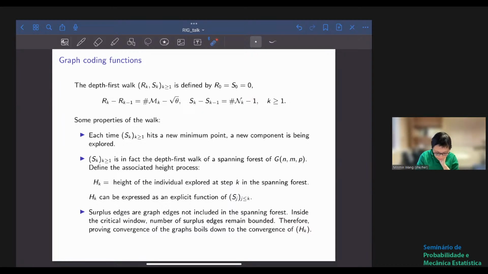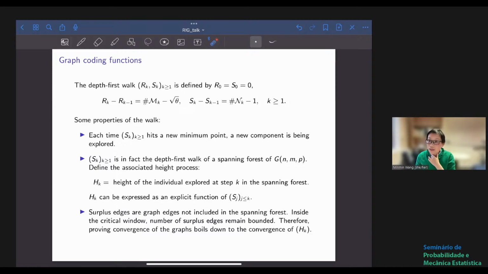The other coding process, S_k, has the increment given by the size of the neighborhood on the individual side, and then you subtract a drift as well. This is the pair of the depth first walk.